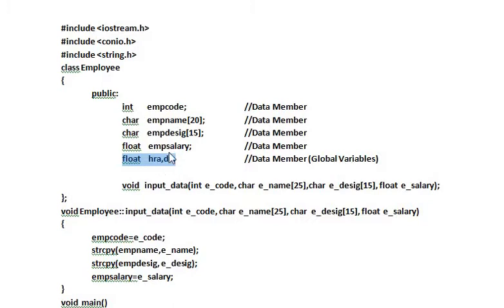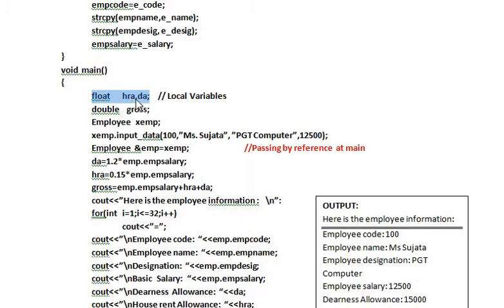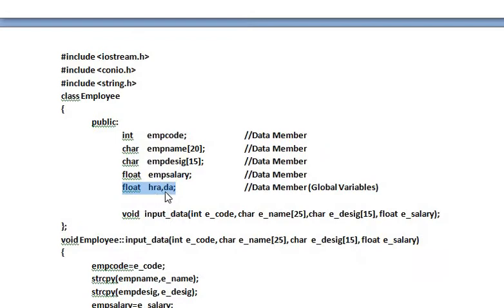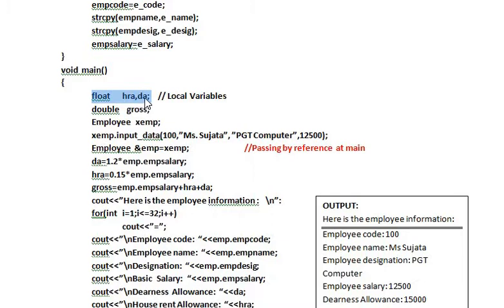And of course, these are the data members of this class employee, but in relation to these two variables of the same type, HRA and DA, they are different. This is because these two HRA and DA variables are declared inside the main function. So these are the local variables.